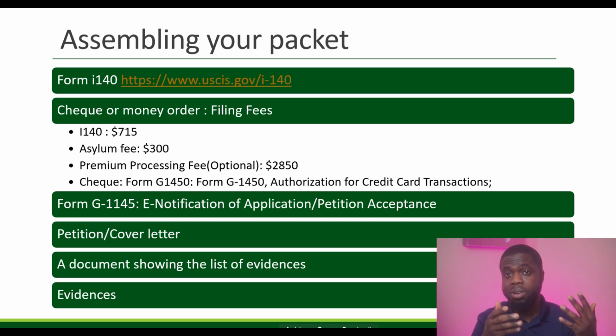It means that if you have an approved I-140 within a month of submitting, you can immediately submit your I-485. And between the time you submit your I-140 and less than a year, 6 months, or 4 months, it's very possible to have your green card. But if you don't do premium processing, you may not be able to do that, so you may not be able to get your green card.